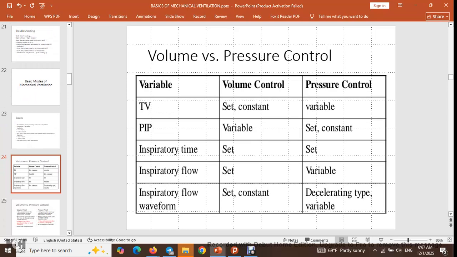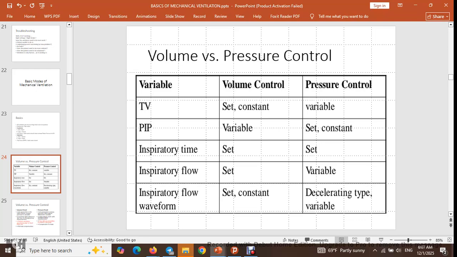These are volume control and pressure control. In the modes, with volume control the tidal volume is always constant, and with pressure control the tidal volume varies. In pressure control the inspiratory pressure is constant, whereas the tidal volume varies. Inspiratory time can be set in both.